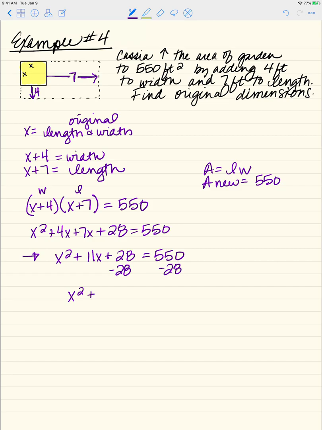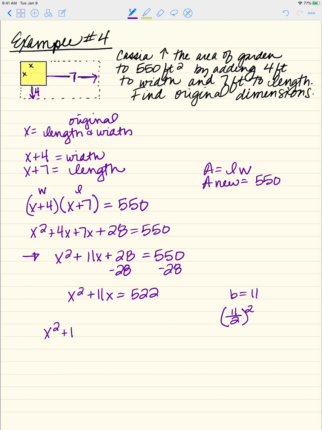That gives me x squared plus 11x is equal to 522. Now, what is b? B is 11. So b over 2 is 11 over 2 squared. Okay, 11 over 2 squared. So we're just going to leave that like that for now.